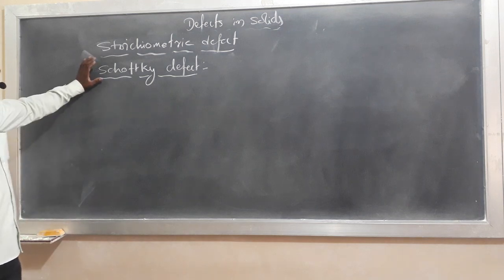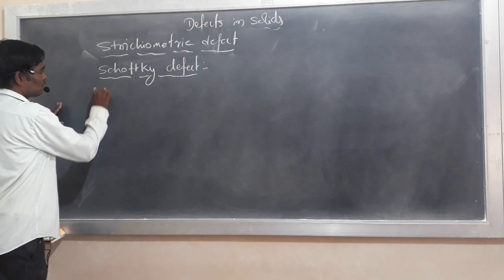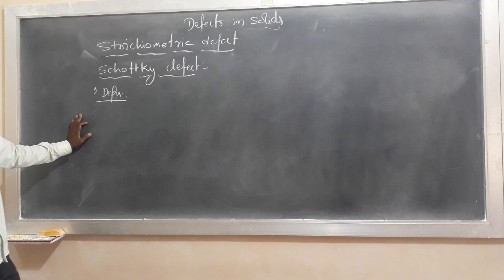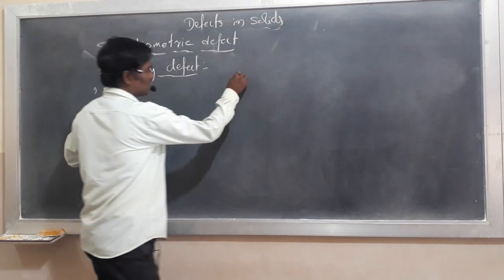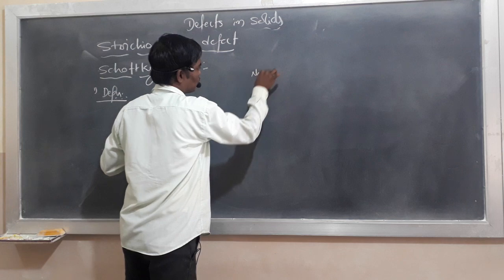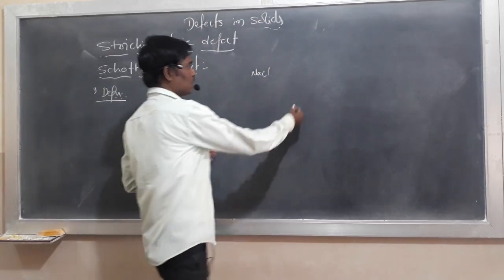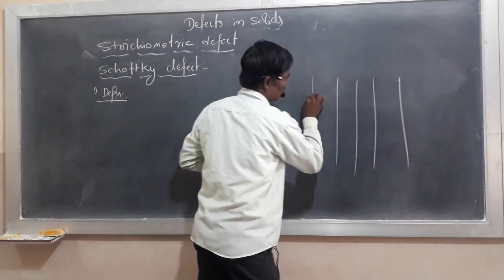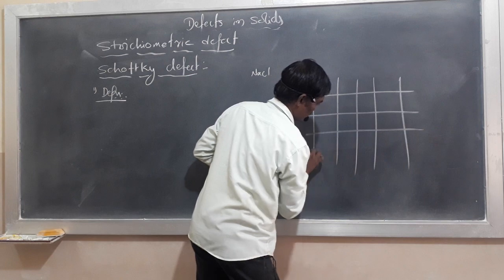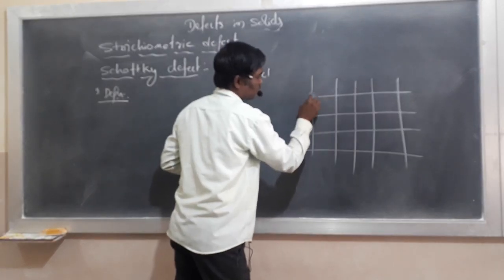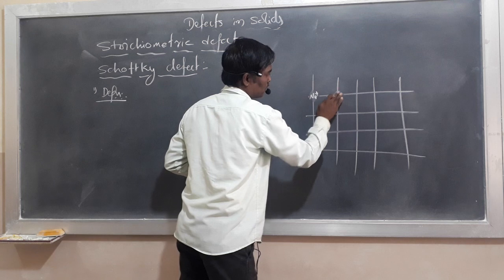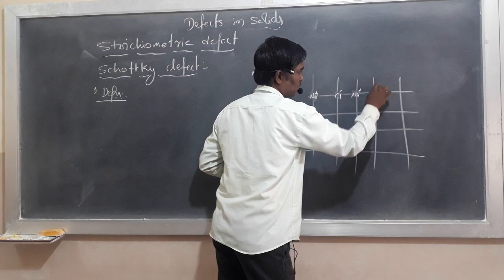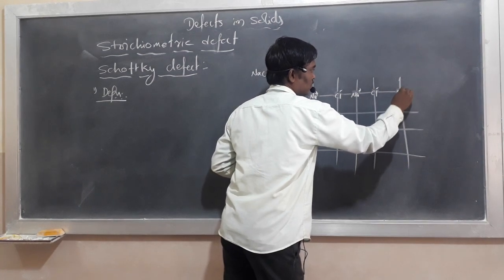Now, let me go with the definition first. Schottky defects. In Schottky defects, let me take an example as NaCl, sodium chloride. Let me draw the NaCl crystal structure. Here, say Na plus, this is Cl minus, Na plus, Cl minus, Na plus.